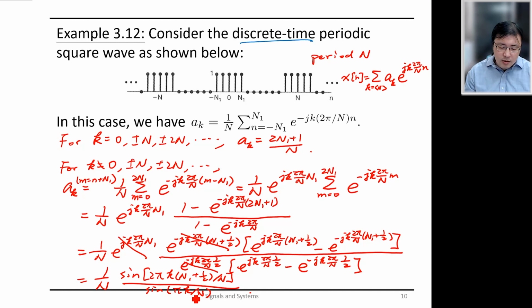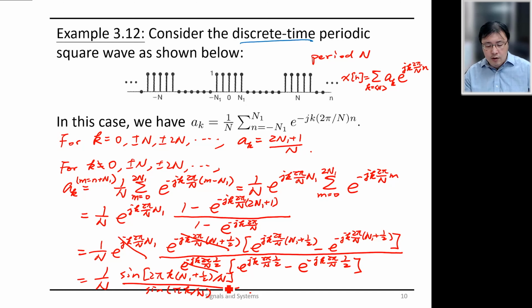You can view this as samples of sinusoids at integer multiples, if you view different k values as different integer multiples of (N1 plus 1/2) over capital N, and in the denominator this is sampled at integer multiples of 1 over capital N. So as capital N increases, meaning your period increases and these periodic square waves are separated more and more apart, you're sampling these sinusoids at a denser and denser rate.